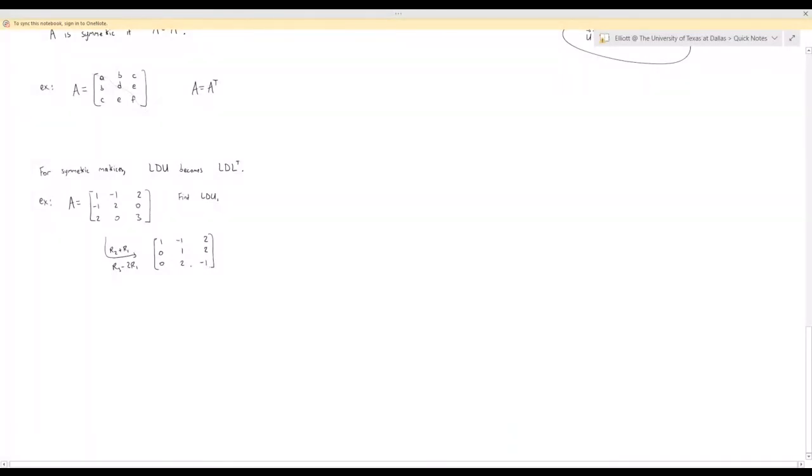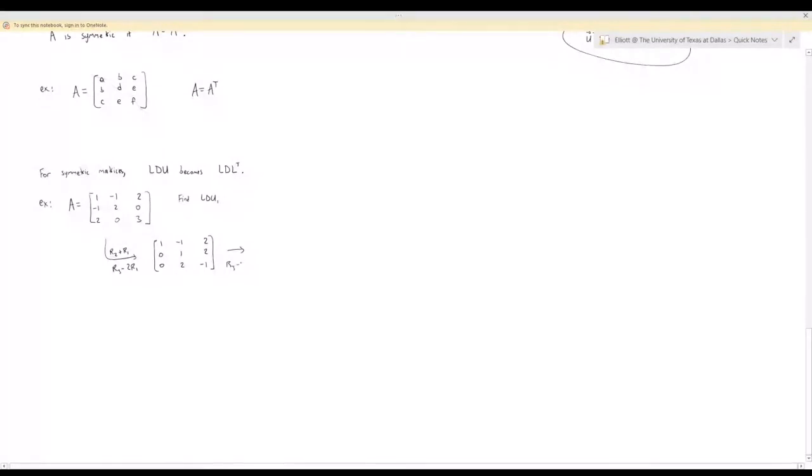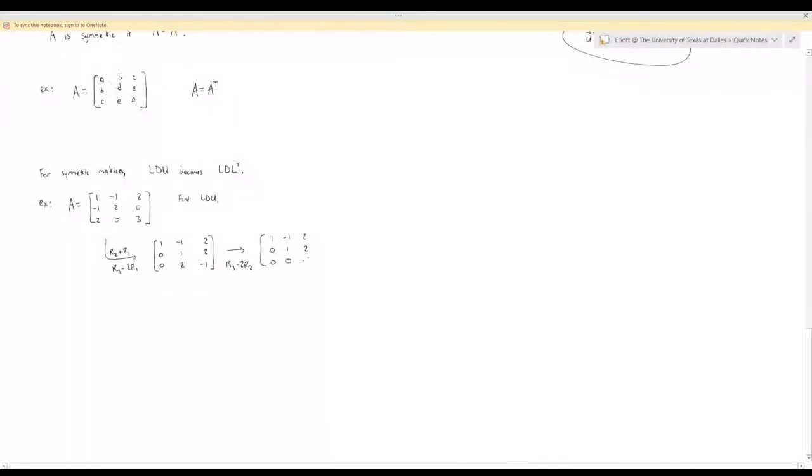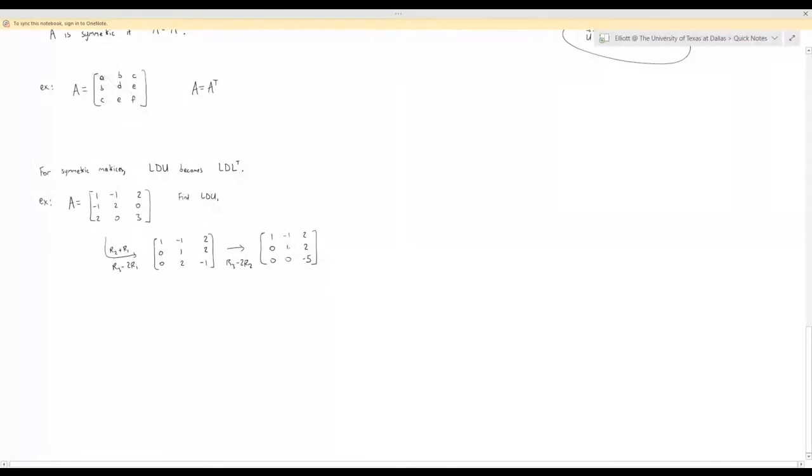Okay, all right, and then I'm going to eliminate this 2 using this 1 as a pivot. So we're going to do row 3 minus 2 of row 2. And that's going to leave us with a -5 at the end there.